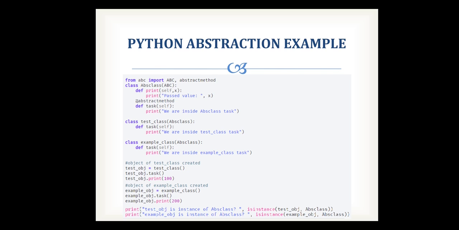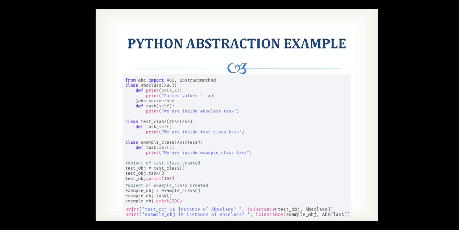Then in the other example, we create an example_object, assigning the class name example_class, and when we call the task and print the object, it is going to print "we are inside the example class task".